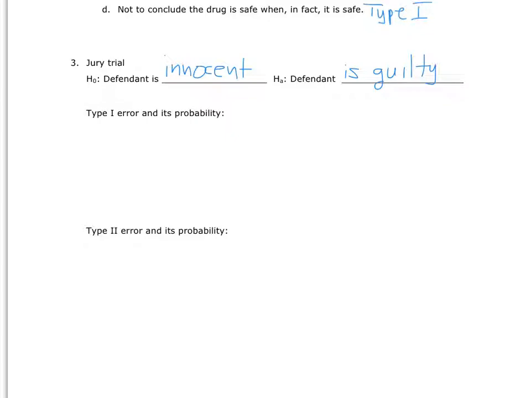So in terms of a jury trial, it would be to conclude that the defendant is guilty when, in fact, the defendant is innocent.